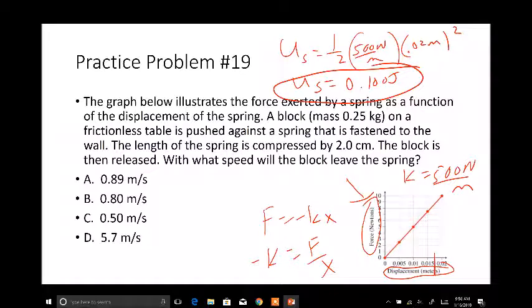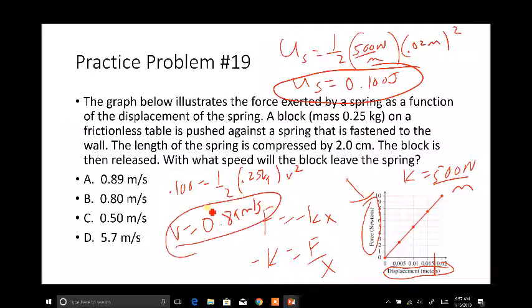So we're going to set that, the 0.1, equal to the equation for kinetic energy, which is 1/2 mass times velocity squared. And we're going to solve that out for V. And when we do the algebra and solve for V, we end up with a speed of 0.89 meters per second. So we're looking at answer A as our correct answer on problem number 19.